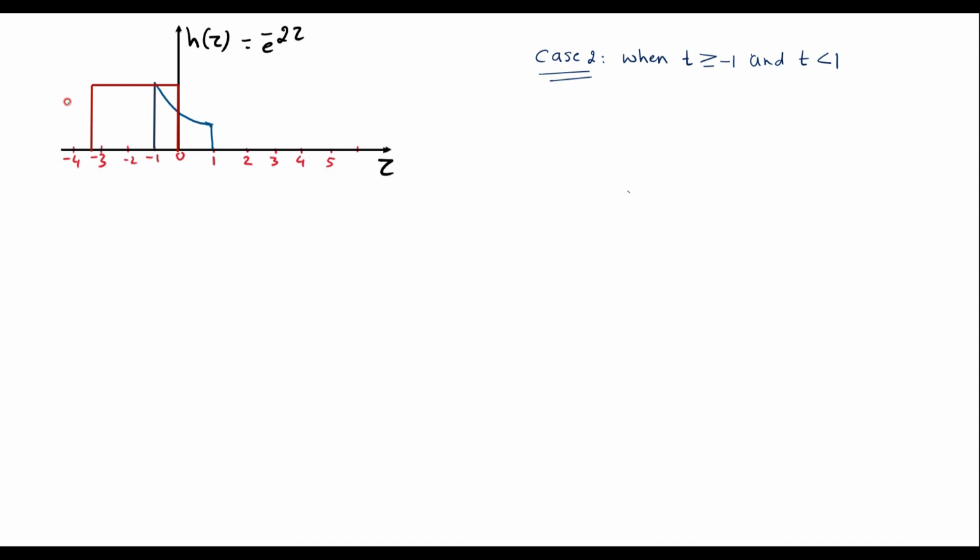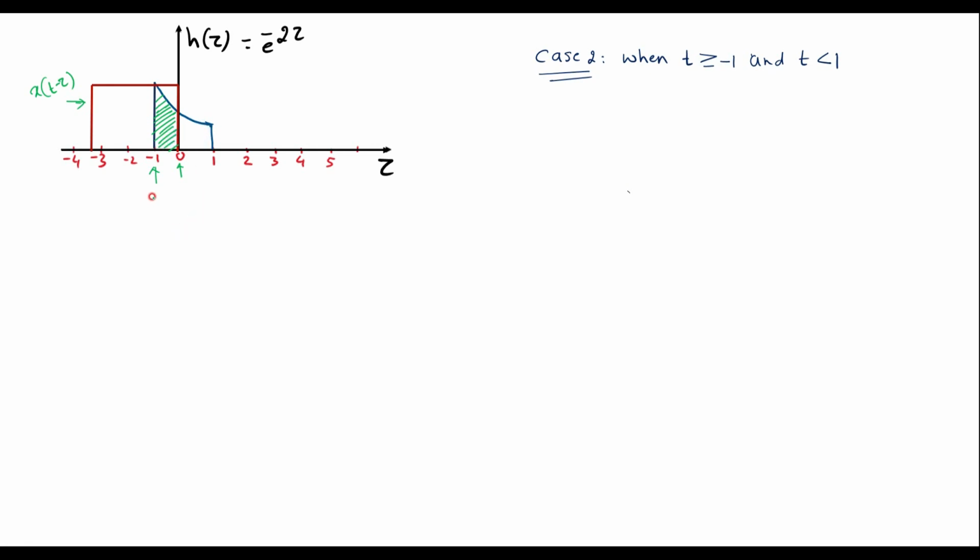So here we can see that this is the x of t minus tau signal which is placed on the h of tau signal. Here we can observe that from minus 1 to 0 there is an overlap between the h of tau signal and the x of t minus tau signal. That is for this area. This is the common area between these two signals.